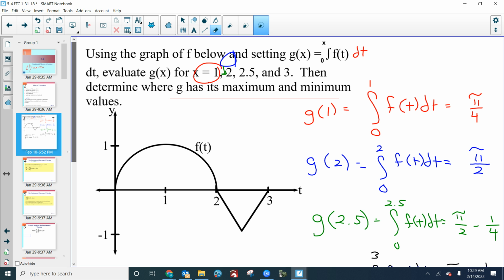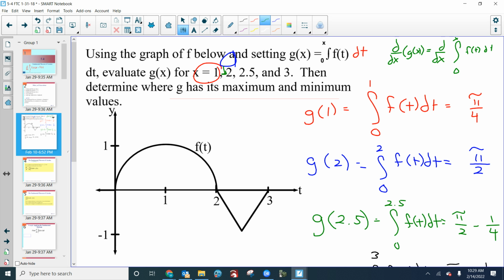Here is the moment of truth. If I want to find G prime, if I take the derivative of the left side, I have to take the derivative of the right side. You ready?